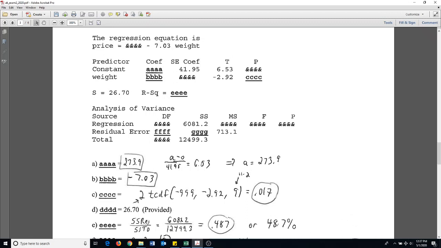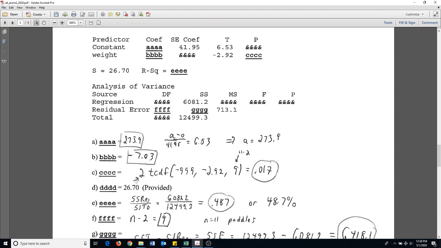Then the coefficient here for the weight is negative 7.03. If you take the coefficient divided by the standard error, it gives you the T, and so you can get that. The one that was maybe missed the most is that you have to take 2 times the CDF to get the p-value for this.